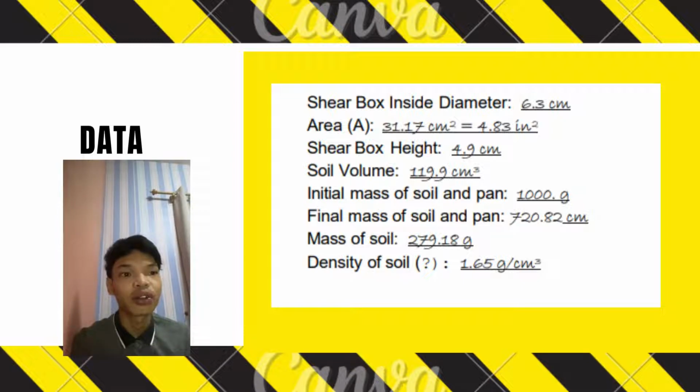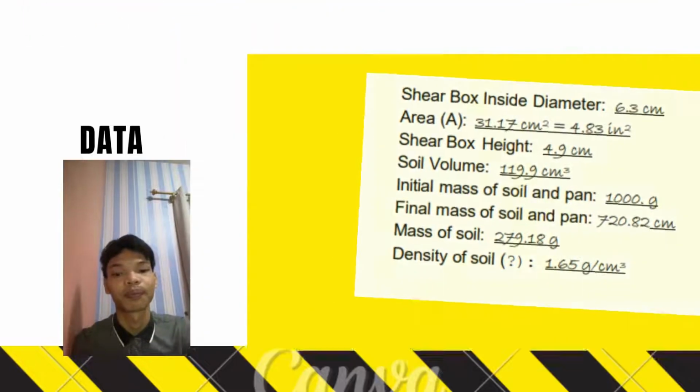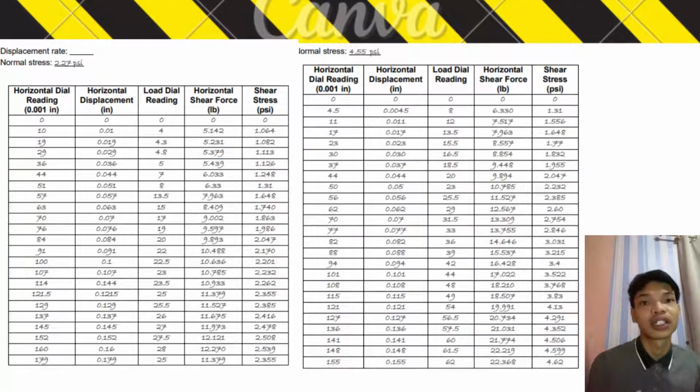Shear box height 4.9 cm, soil volume 119.9 cm³. Initial mass of soil and pan 1000, final mass of soil and pan 720.82, mass of soil 279.18 grams, density of soil 1.665 grams per cm³.